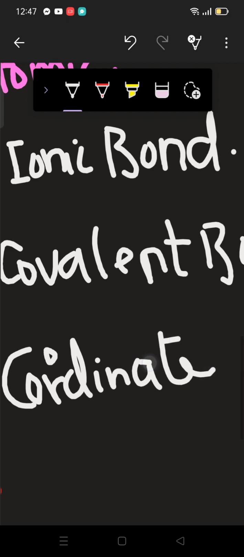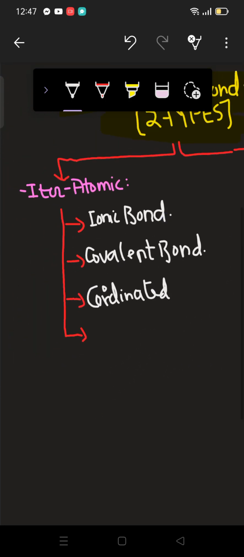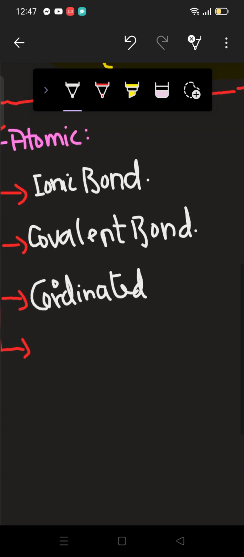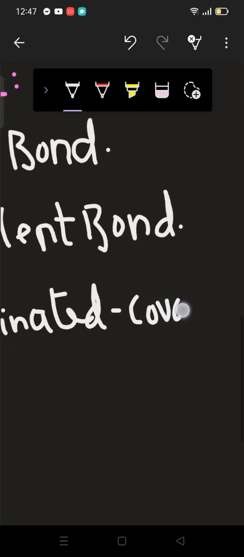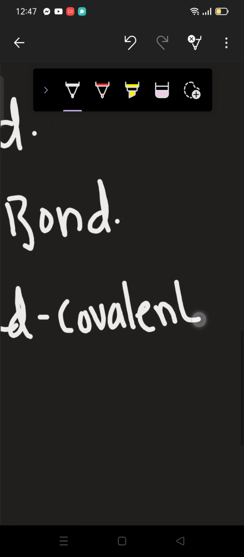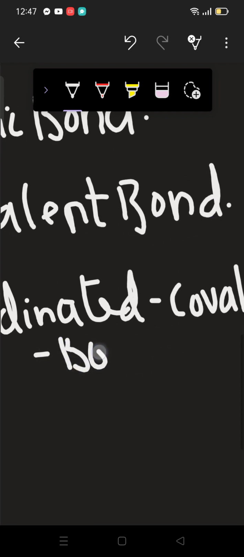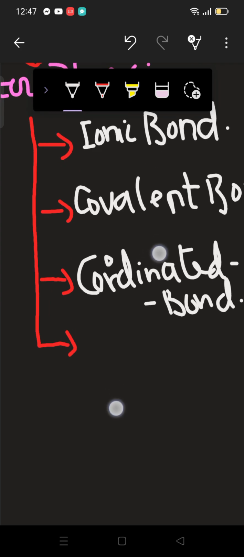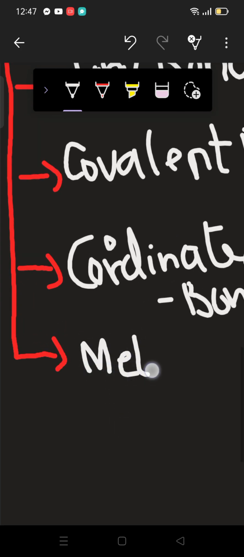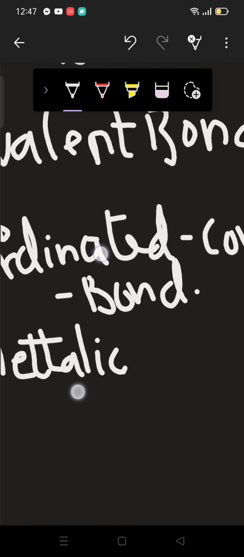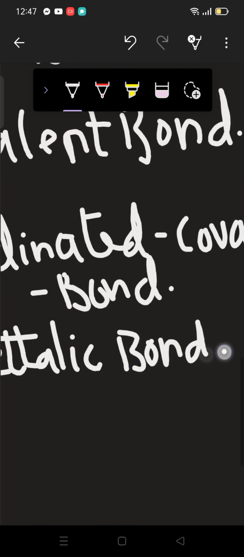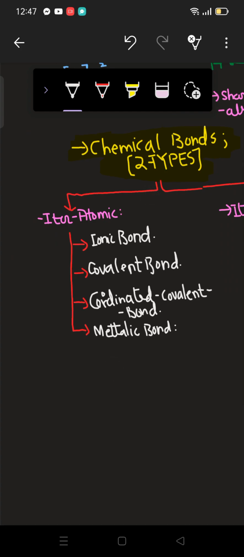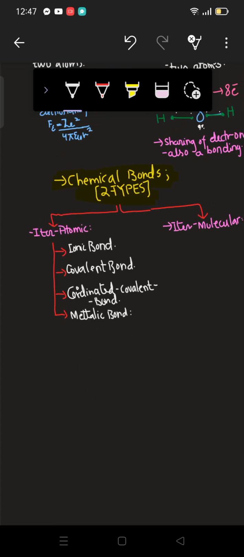Scientists consider the coordinate covalent bond within the covalent bond, but we're going to study them separately. Last but not least is the metallic bond. So there are 4 subtypes of interatomic bonds: ionic, covalent, coordinate covalent, and metallic.